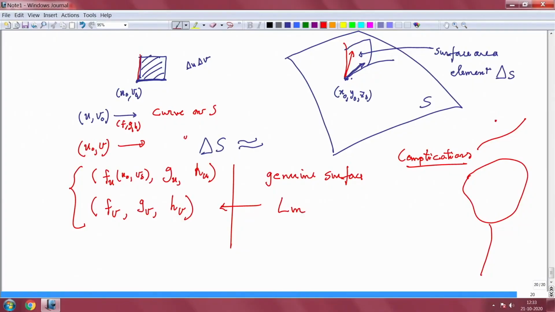That is what you have to understand. The linear independence of these two vectors will tell you the genuineness of the surface. Otherwise, there will be degenerate cases. I can define a map from an R2 region in R3, with everything going to a point or a line or a combination; all kinds of degeneracies can happen, so there may not be a surface.